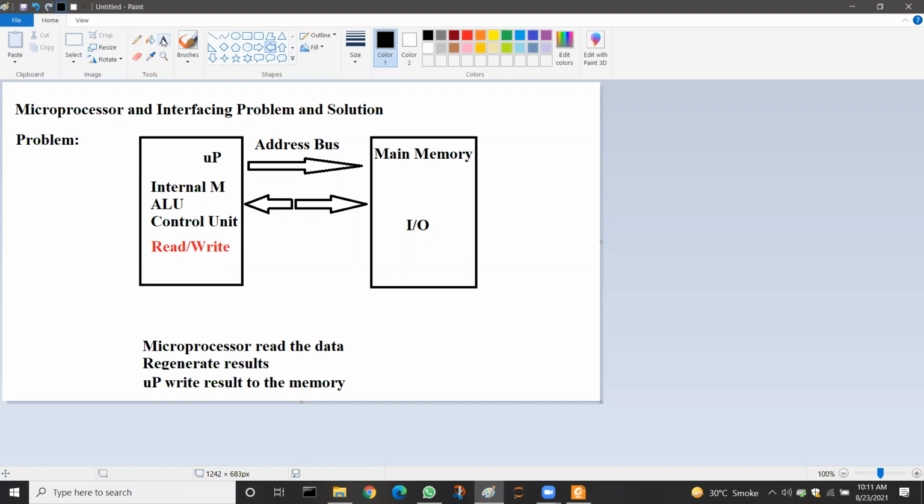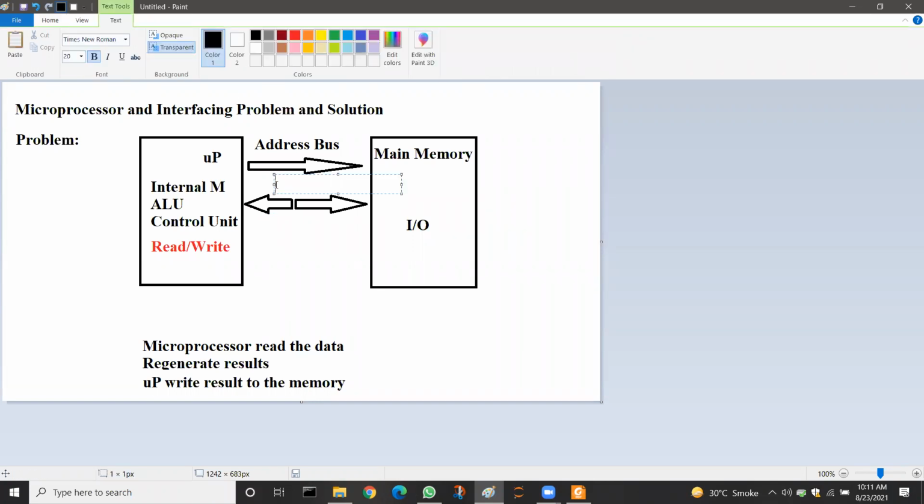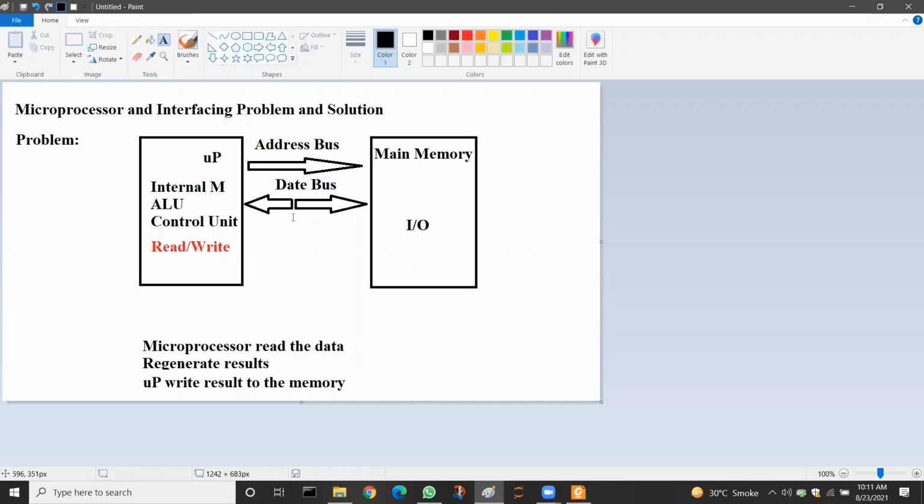This data bus is bidirectional. You can see that it serves both purposes, receiving and sending data. The microprocessor issues the address and then issues the signals to read and write the data.